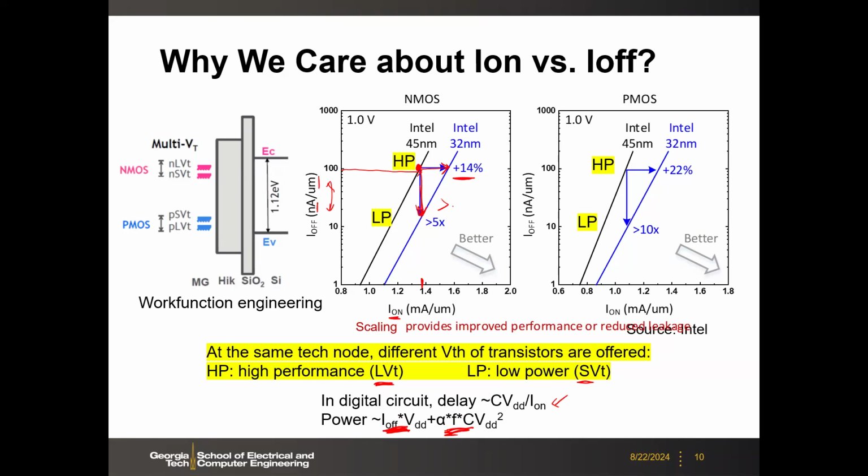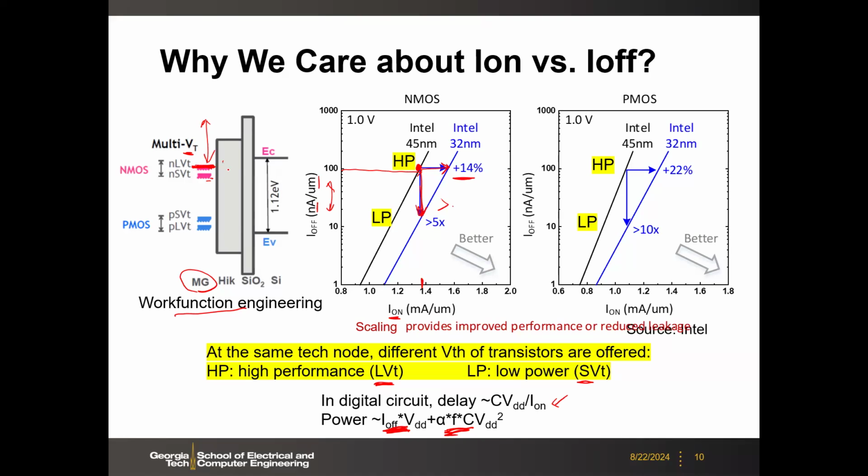And then for the VT tuning, this relies on so-called work function engineering. Today's transistors are all high-K metal gates. You can choose different metals with different work functions, meaning the Fermi level is different. Therefore, for NMOS, if you want to lower the VT, you should choose metals with a higher Fermi level.